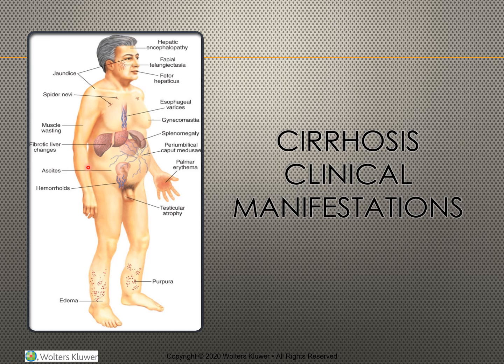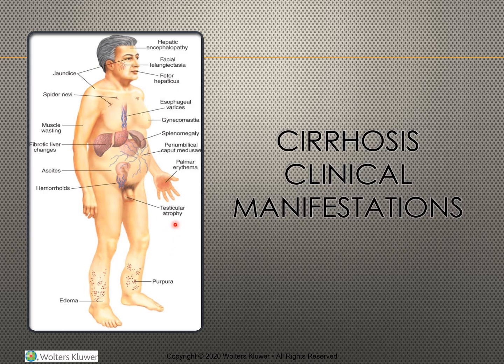Muscle wasting occurs because of impaired protein synthesis. Ascites is this buildup of fluid in the belly, so they get these big protuberant bellies. Hemorrhoids often occur, again, because of all the backup of blood through the portal circulation. It starts to shunt into these vessels that supply blood to the rectum, and that can cause hemorrhoids.